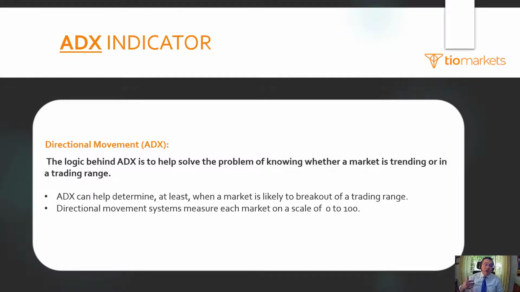And the ADX is a tool that we use to help us solve the problem of identifying whether a market is trending or not trending. So the ADX can help determine at least if the market is likely to break out of a trading range, and the directional movement systems, they're going to fluctuate between 0 and 100. So let's get into this now.